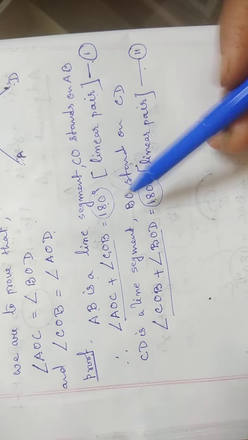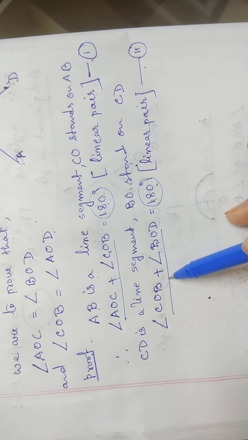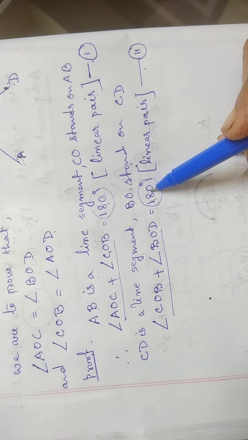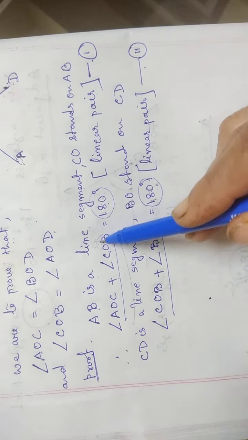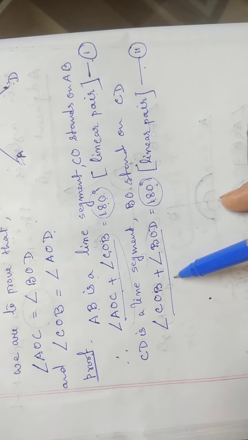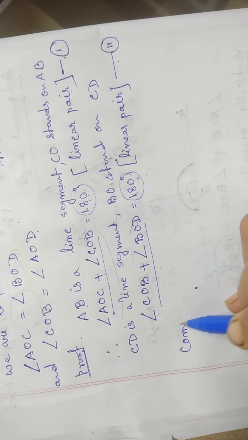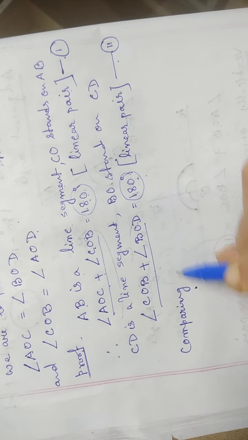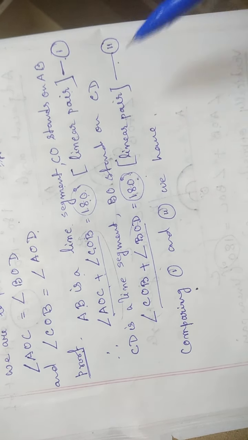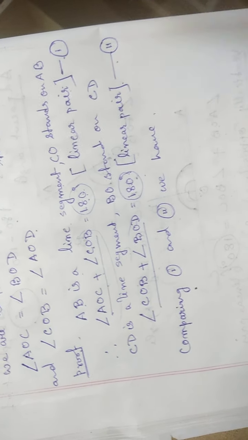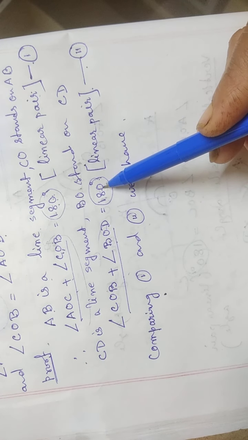Clear? अभी देखो ये दोनों को कंपेयर करने से क्या मिलता है? ये जो 180 डिग्री है, ये भी 180 डिग्री है. So this part and this part also equal. So comparing 1 and 2, ये इक्वेशन नंबर 1 और इक्वेशन नंबर 2 कंपेयर करके क्या मिलता है? This equal to this, because both the values are same, 180 degree.